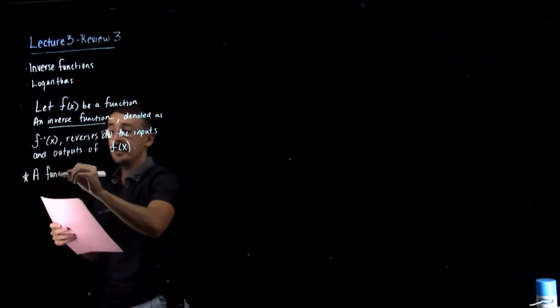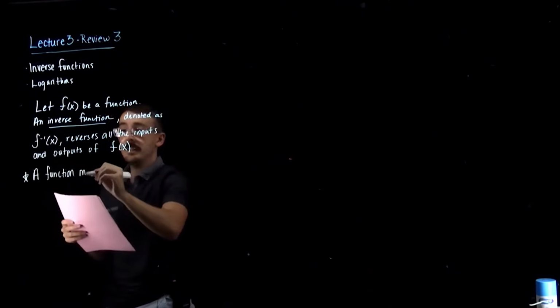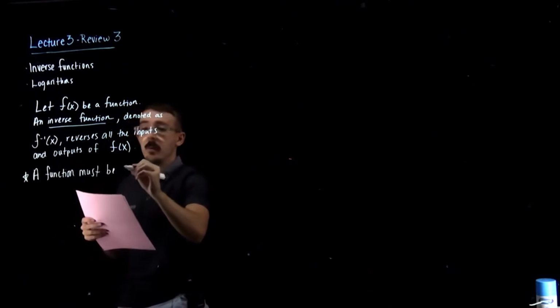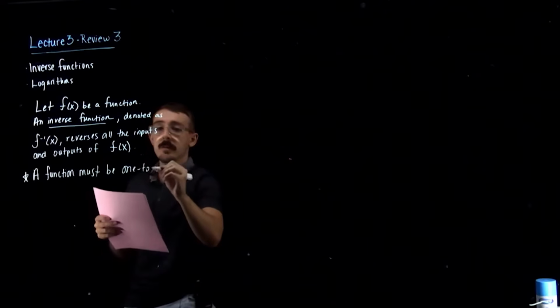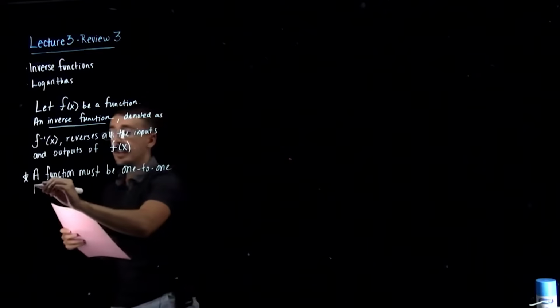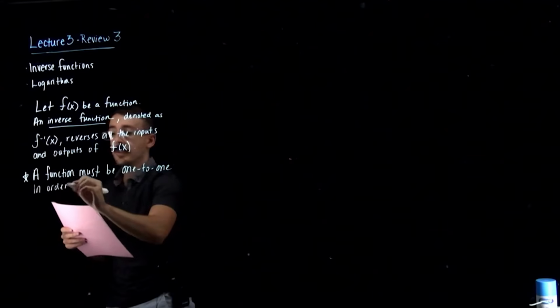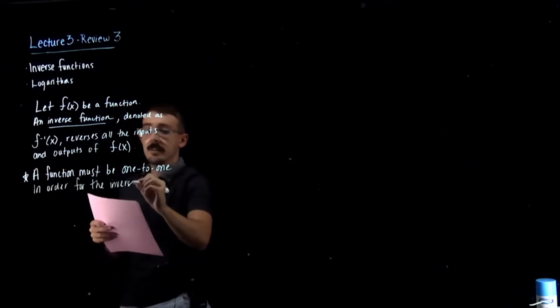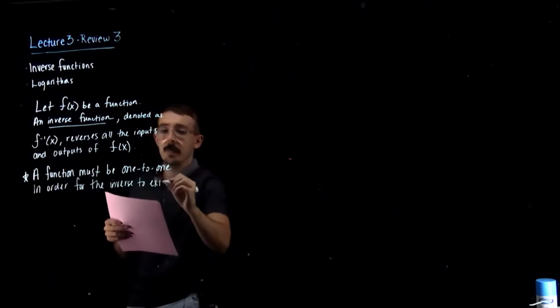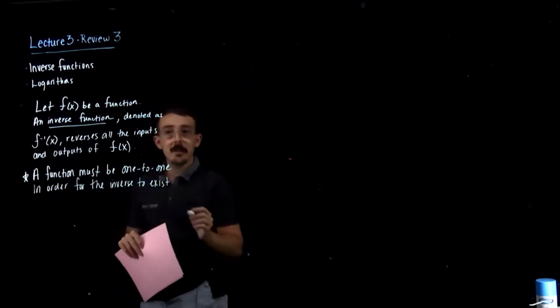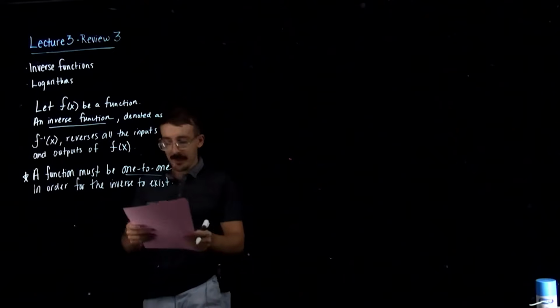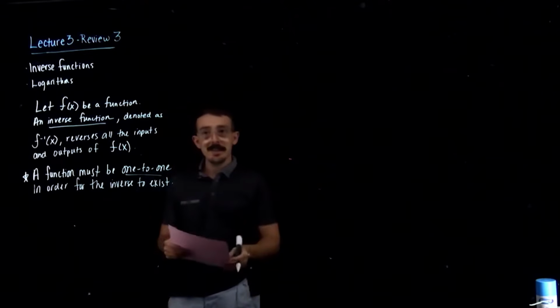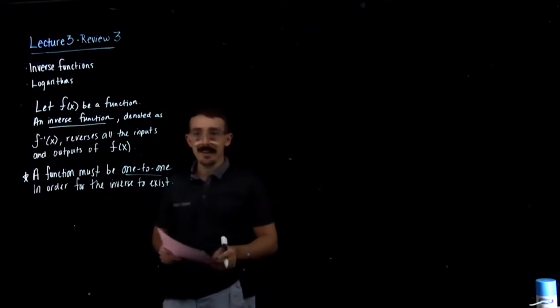A function must be one-to-one in order for the inverse to exist. Now you might be wondering, well, what does one-to-one mean? Let me just draw some examples of graphs to show you what I mean.